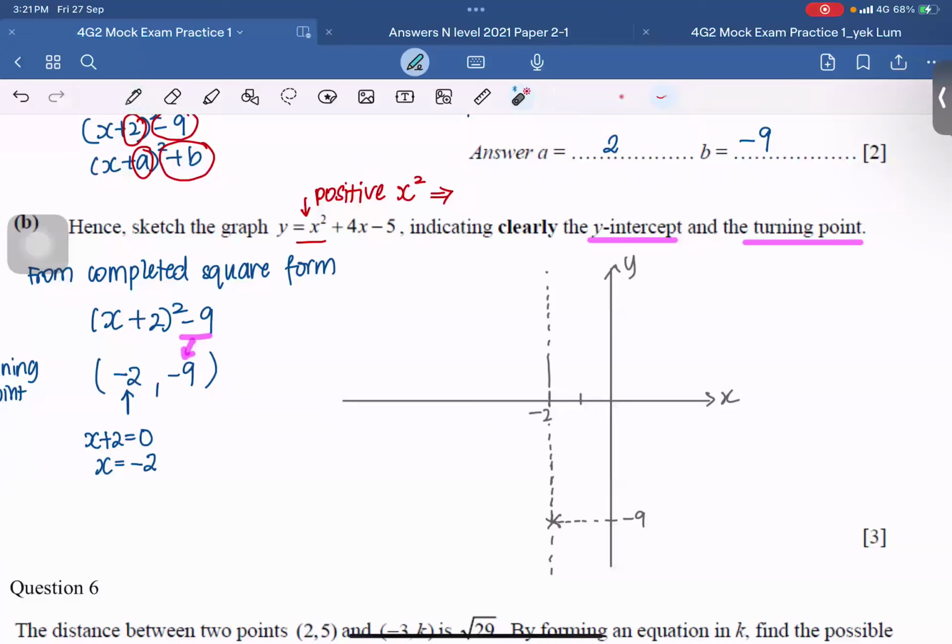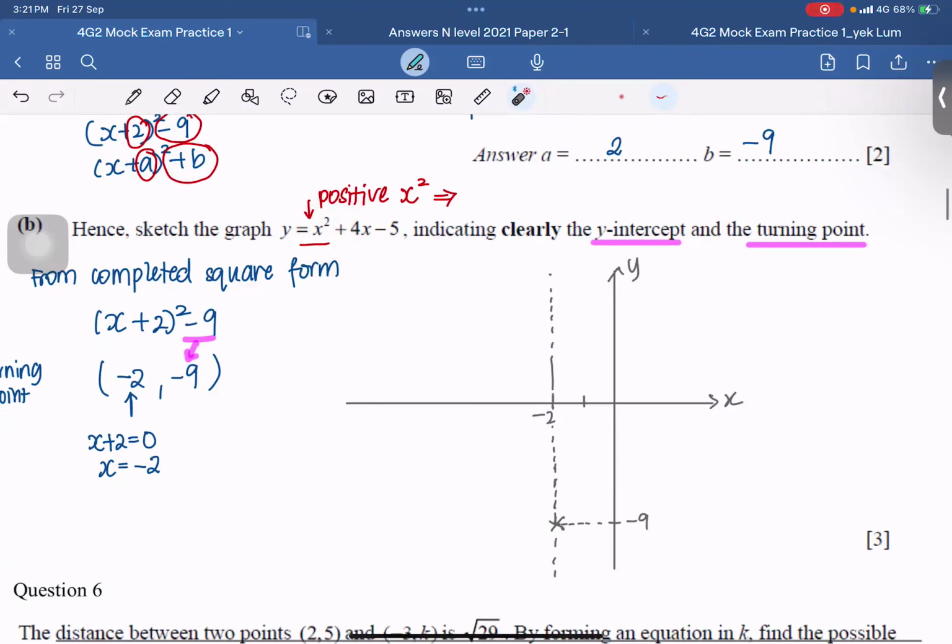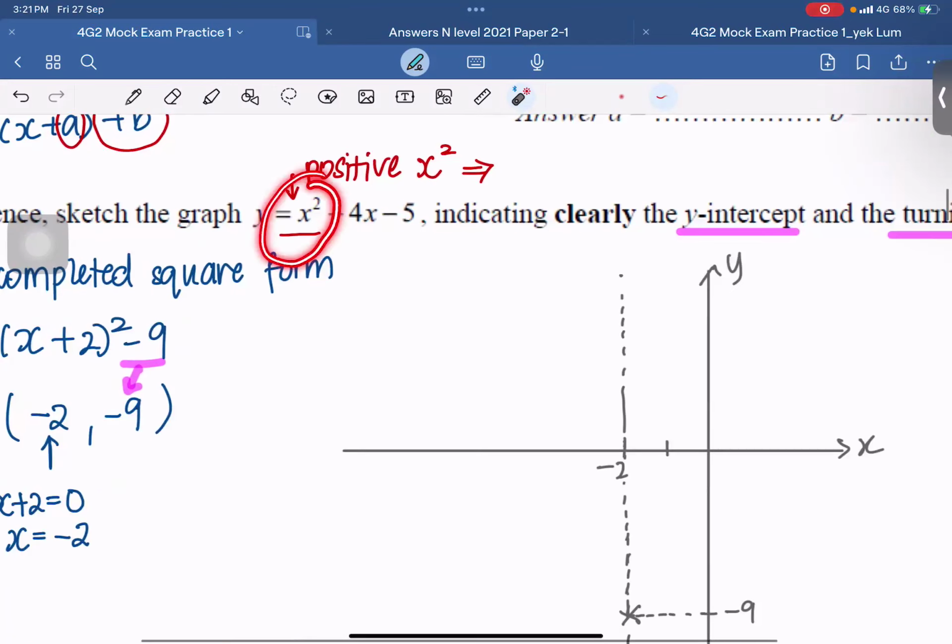Next thing to check, what is the x square? Is it positive or negative? Positive, right? Is it a happy or sad face? Positive x square, happy face, correct.